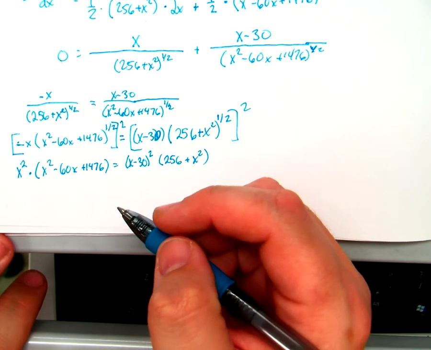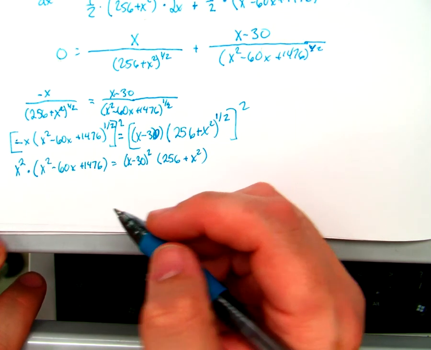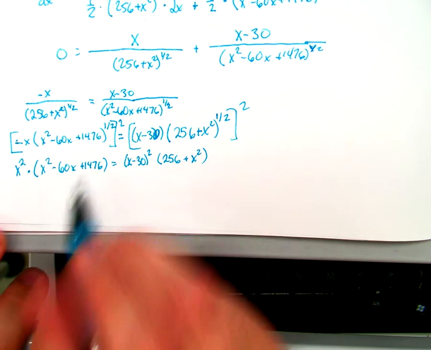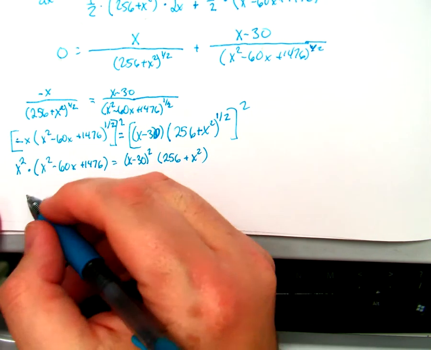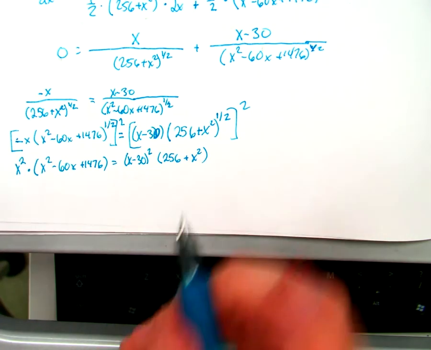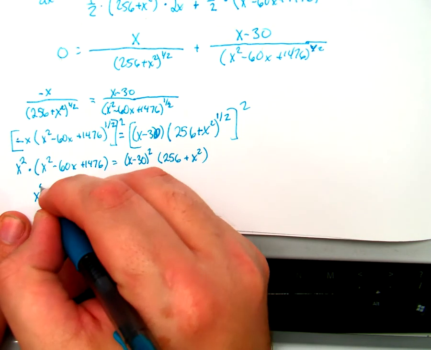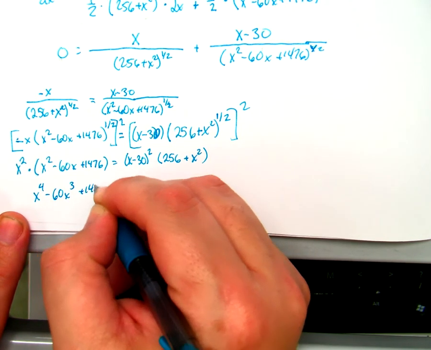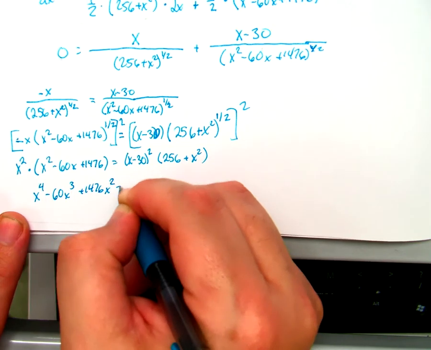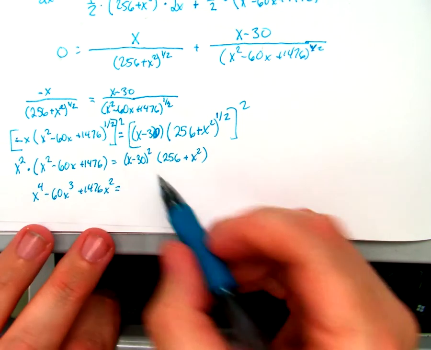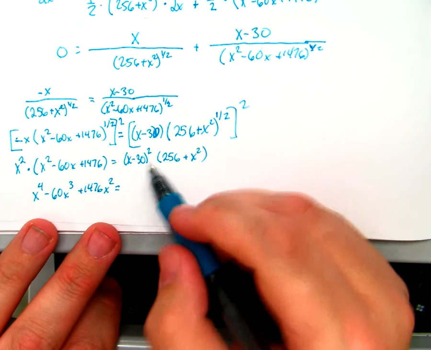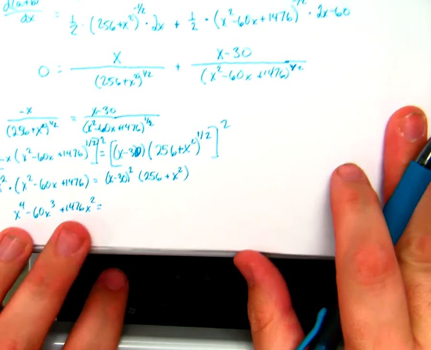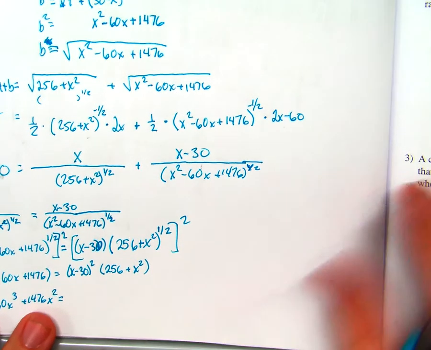All right, so this guy right here, thankfully the left-hand side is going to be nice and easy to do. x to the 4th minus 60x cubed plus 1476x squared. Now, I've got a little bit of extra room up here, so I'm going to go over here.